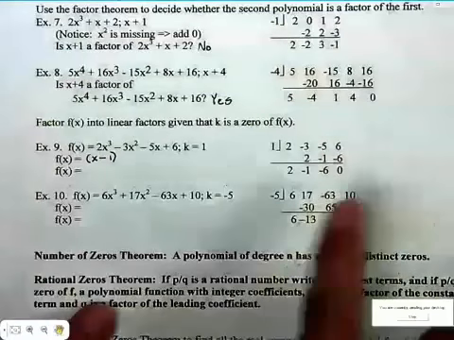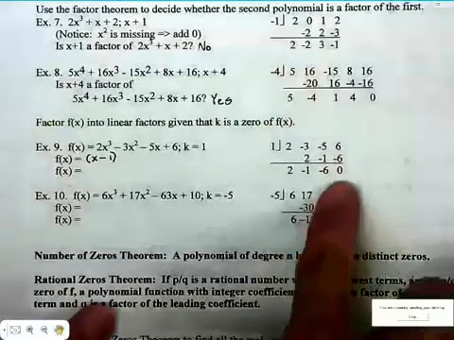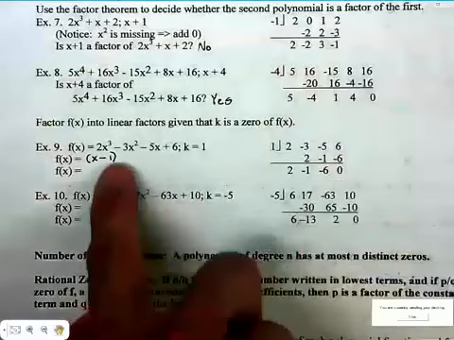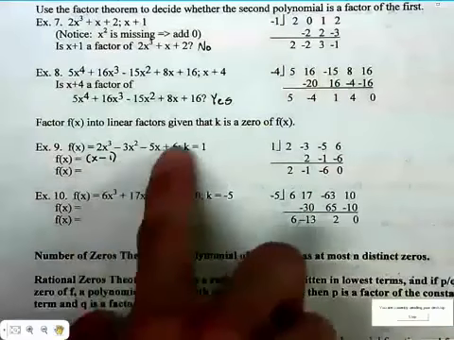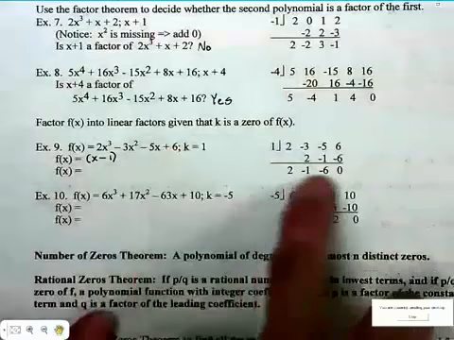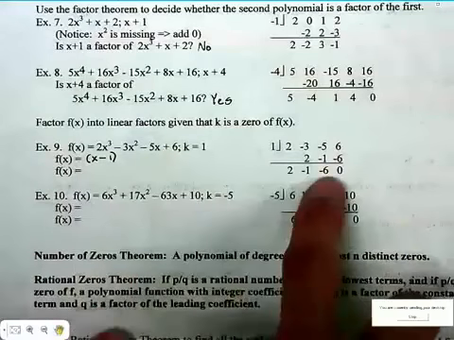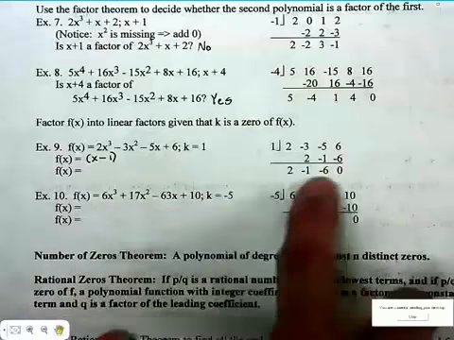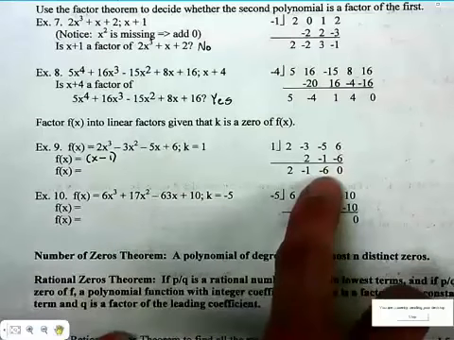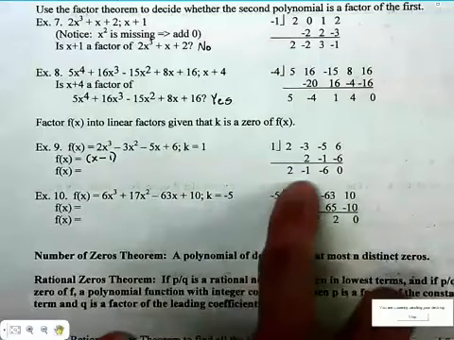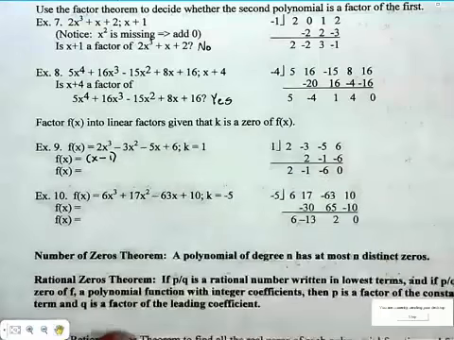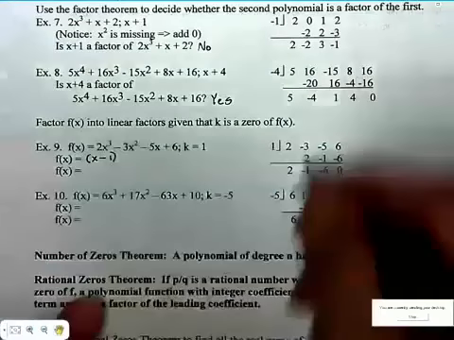And because I got 0 for a remainder here, I know that x minus 1 is a factor of that polynomial. What is the quotient from this bottom row of synthetic division? Exactly. 2x squared minus x minus 6.